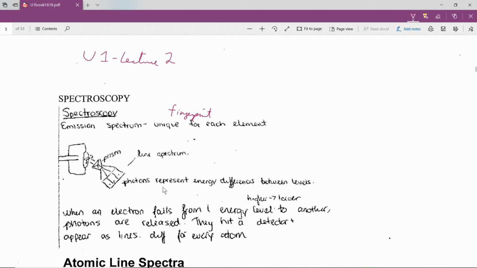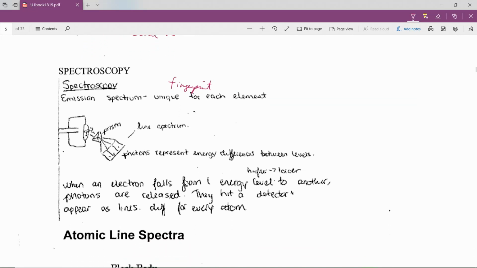So the photons represent the energy differences between what are called energy levels. And in an emission spectrum, we're looking at energy released. There's another kind of spectrum called an absorption spectrum where energy is absorbed, and the electrons go to a higher energy level, but more common studies are done of emission spectra. They're easier to interpret than absorption spectra.